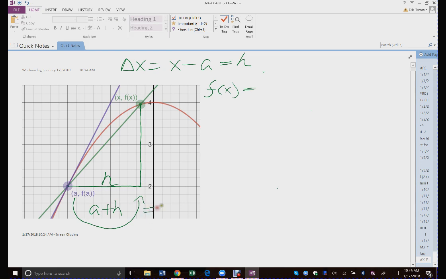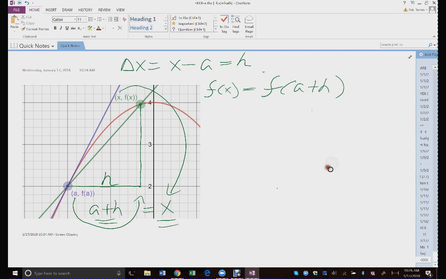So that has to equal this that I'm labeling as x. So I can rewrite f of x as f of a plus h, because a plus h is x. Now, why do I do that? Because I'm going to set my limit up a little bit differently.